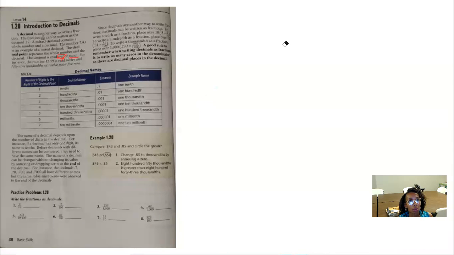Okay, let me get some notes going here. I meant to get that started earlier. So this is section 1.20, and it's our intro to decimals. All right. And so we know that for the most part, a fraction and a decimal are interchangeable, okay?